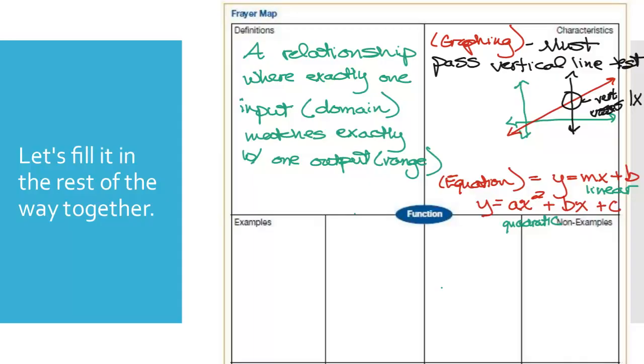What if we have a table? What makes it a function in a table? Yeah, one output. It is one input. So what do we avoid in a table?